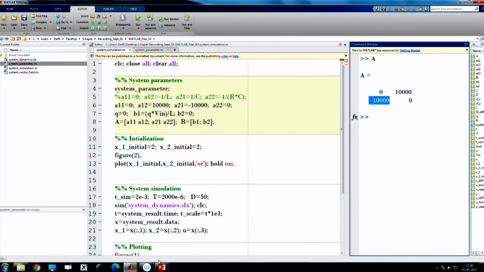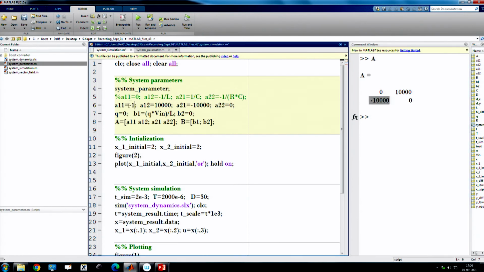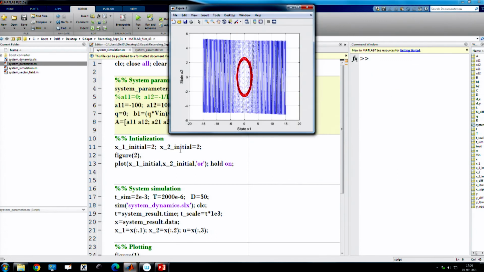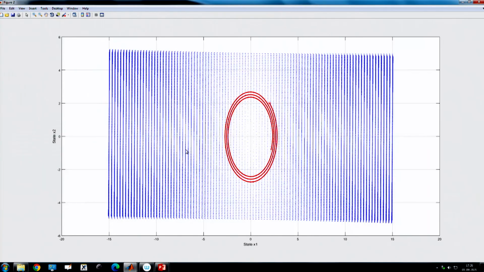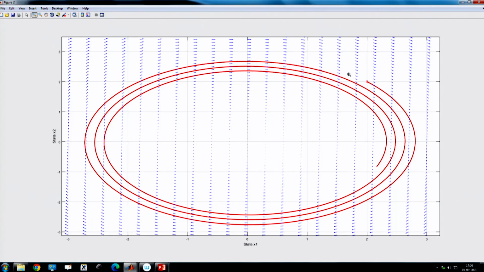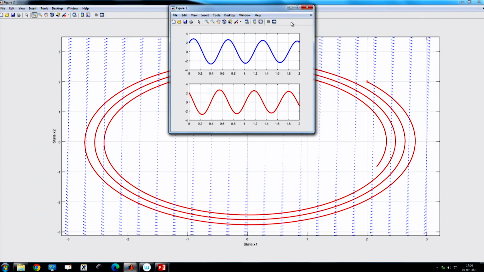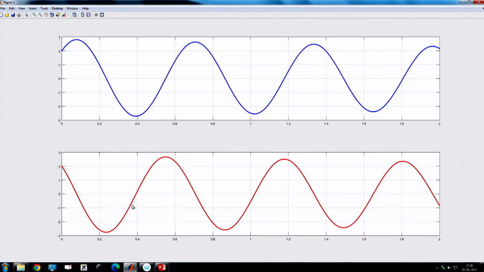Now we understood how to draw the vector field. Now we are introducing a minus 100 term, that means we are including r equal to minus 100, and we run it. You see, it is slowly decreasing in the clockwise direction, and it is clear even in the time domain waveform, the amplitude is very slowly decreasing.